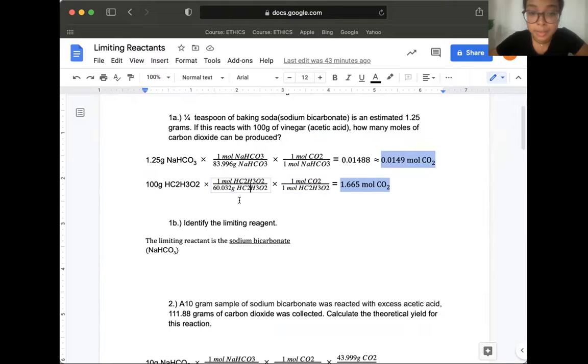The grams cancel out. 100 grams divided by 60.032 times 1 will give me 1.665 moles of carbon dioxide.